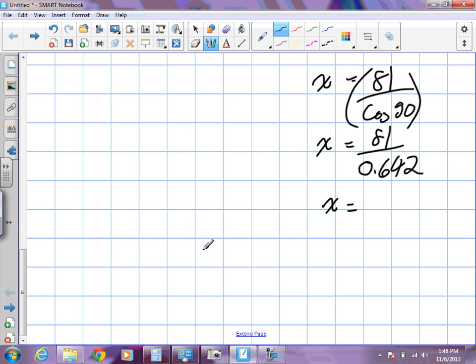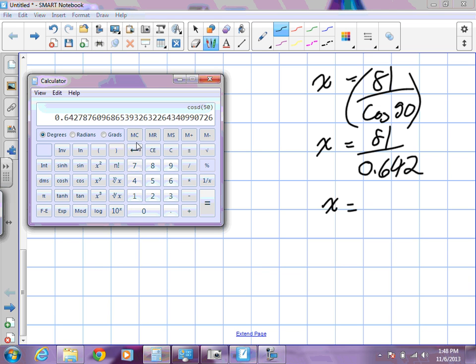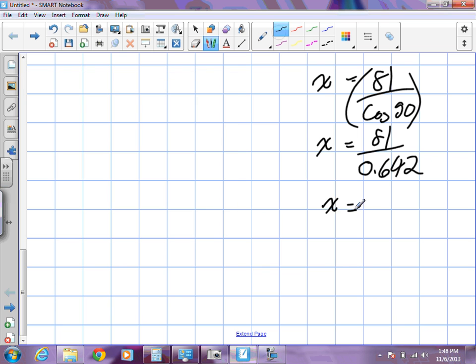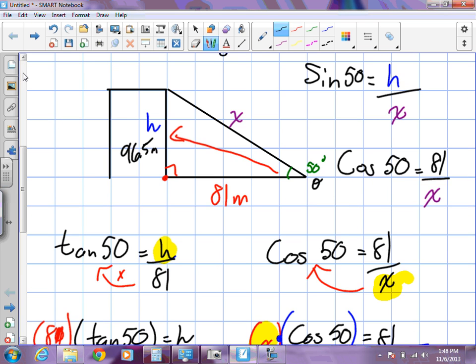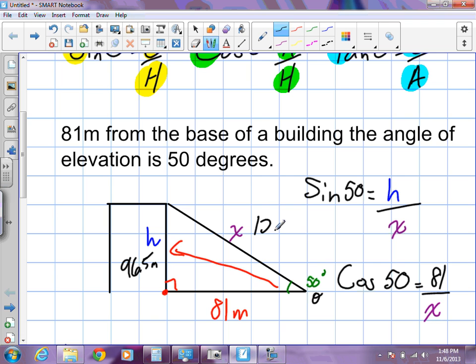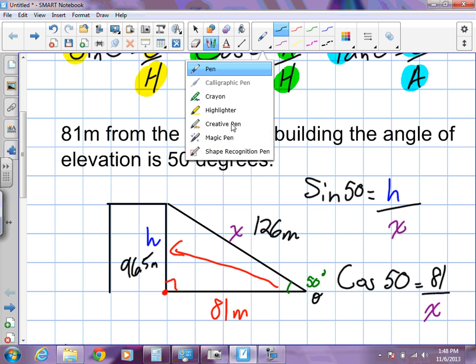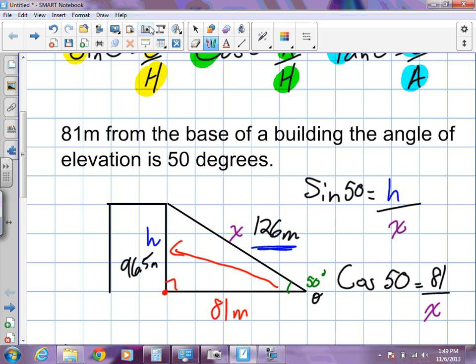For me, I'd actually have to go 81 divided by bracket cos 50 end bracket equals. So it looks like 81 divided by cos 50. And then this would be our final answer, 126 meters. Does that make sense in reference to the other sides? Yeah. Why? What does the hypotenuse always have to be? It's got to be the longest side if we're dealing with a right angle triangle.